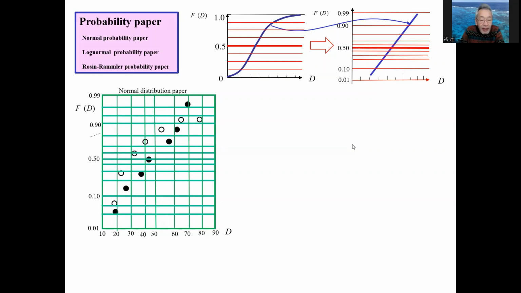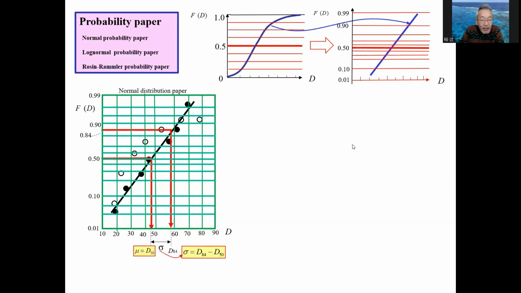Next, let's plot other measurement points with black circles. The black points show a straight line. Therefore, you can see the black points follow the normal distribution. Therefore, draw a straight line connecting the black points. This straight line represents a normal distribution.